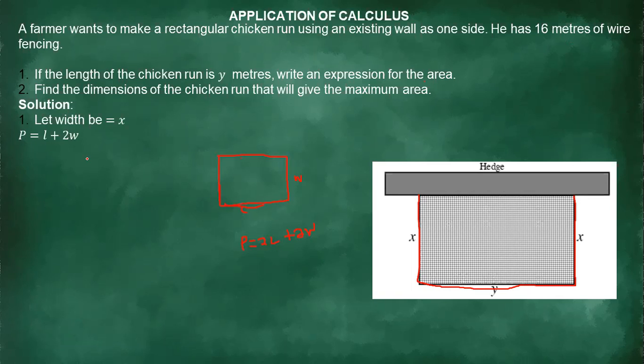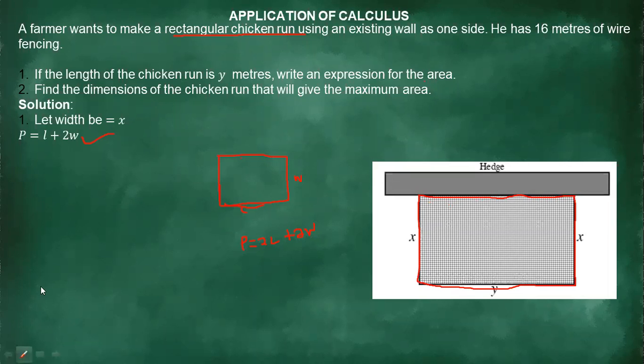But here we have only L, which is 1 length. The length will be facing this side. You're not going to put any y on this side, because there is already an existing wall on that side, right?